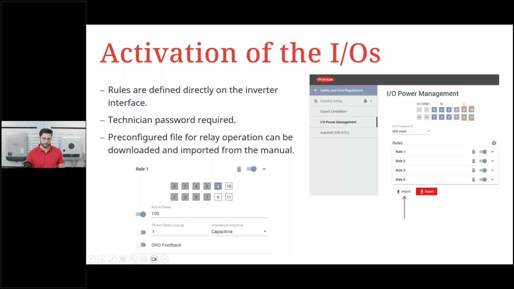Rule number 1 says that if input number 8 is active, if we have 12 volts on there, we reduce the active power to 100%. The next ones would be 60, 30, and 0%. This is just one example right now. There would also be some solutions with just 2 signals or just 3 signals, whatever is necessary then.